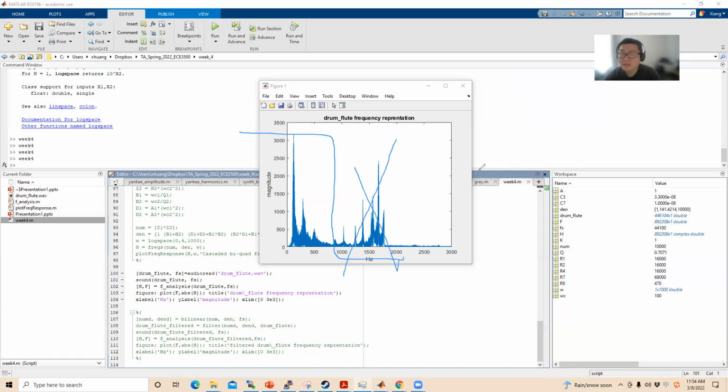But generally, we can't have an ideal filter in reality. What we need to do is define a filter with a similar shape.